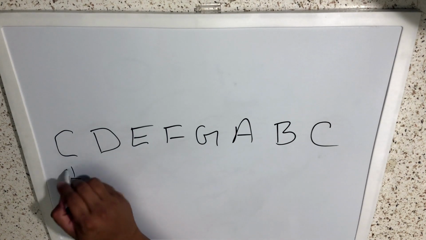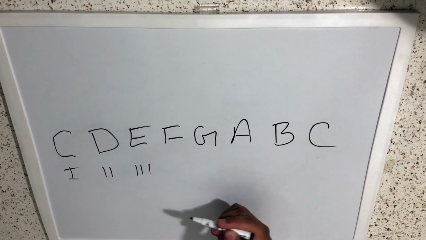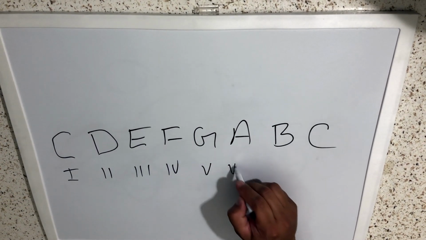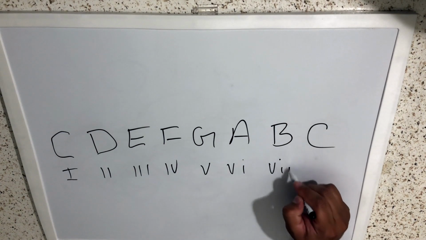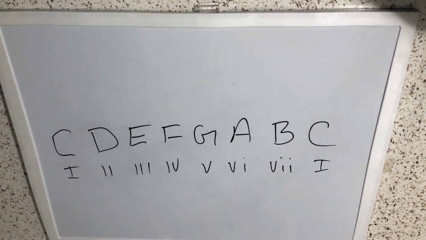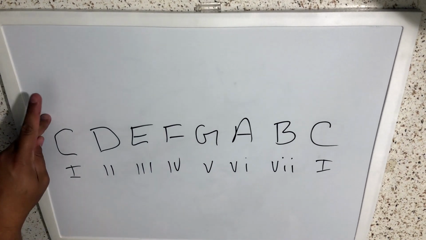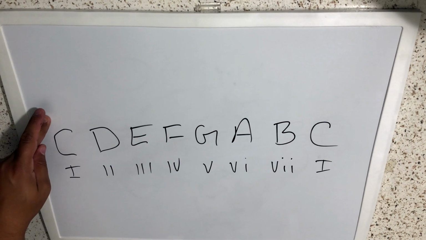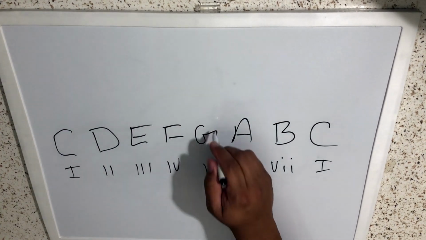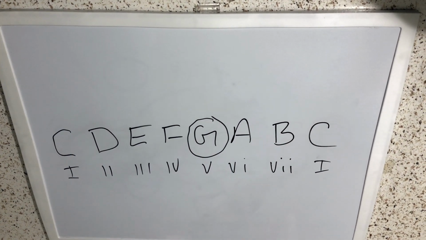This would be your 1, this is your 2, this will be your 3, this is your 4, 5, your 6, your 7, and back to the 1. If we have our number system like this, you count C as your 1, and then you just count up 5. So 1, 2, 3, 4, and G is the 5th degree of the C major scale.